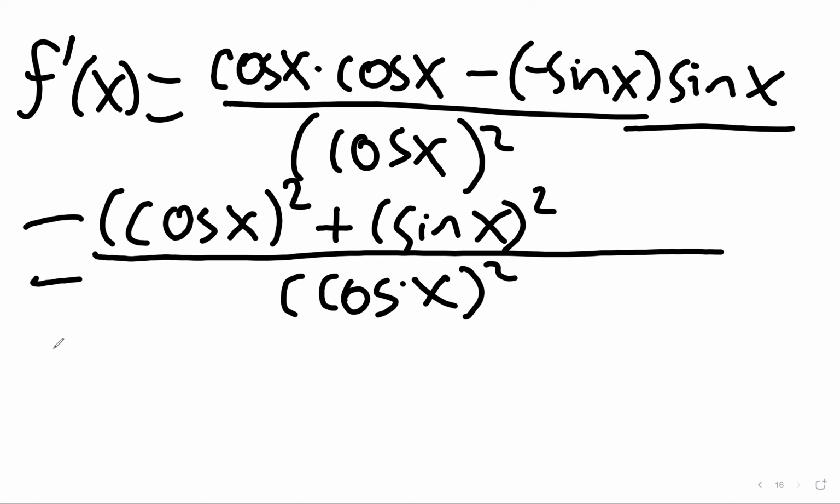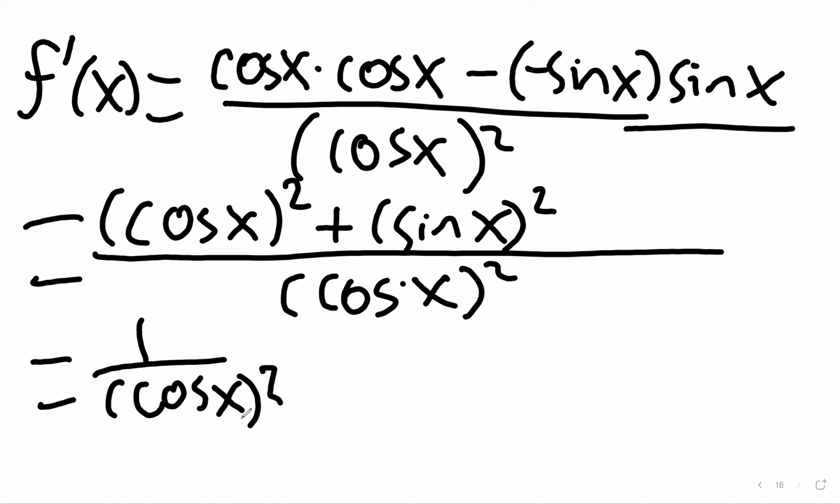So we have 1 over cosine of x squared. Okay, or we can write it as 1 over cosine of x squared.